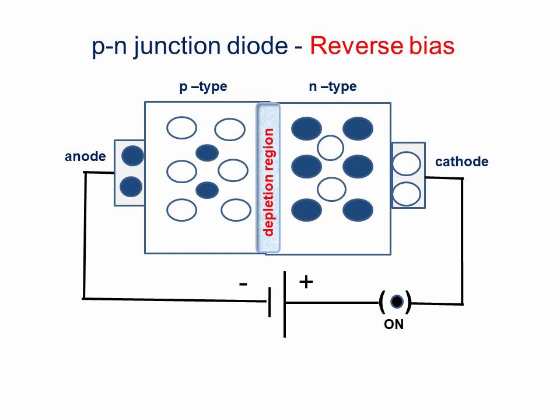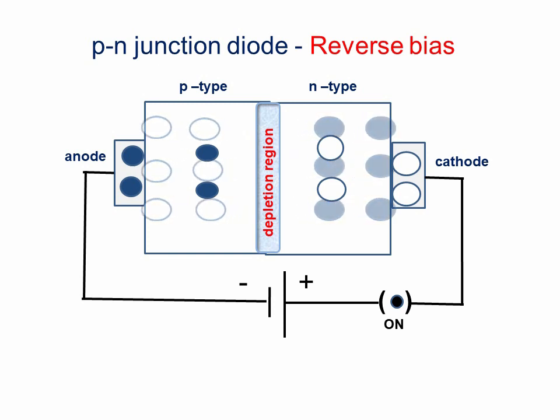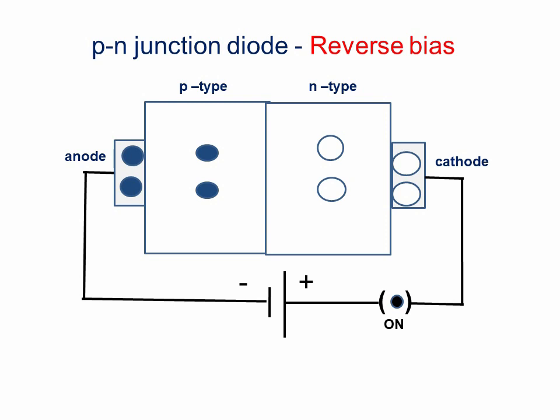In N type, the majority charge carriers are electrons, which are attracted by the cathode holes. Like that, the electrons in the anode just attract the holes in the P type. So, nearby the depletion region, many ions are developed and hence the depletion region is increased.